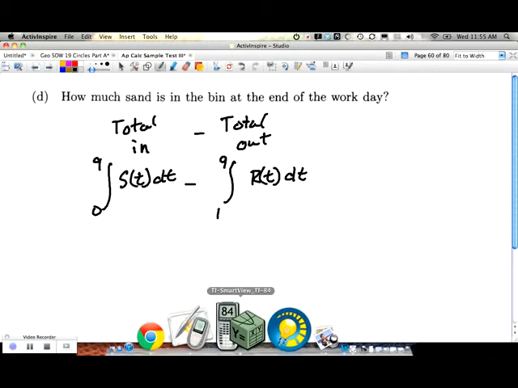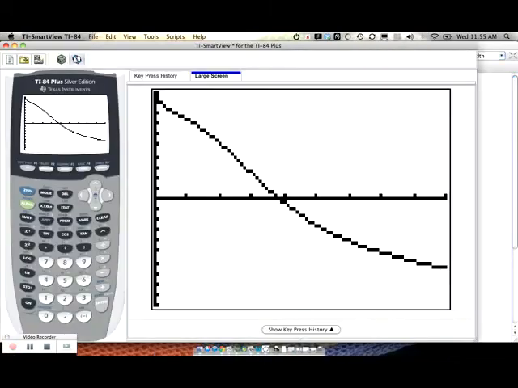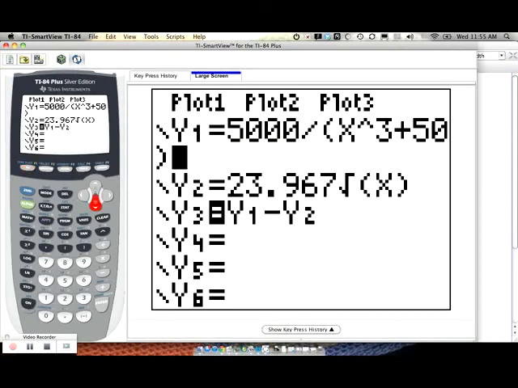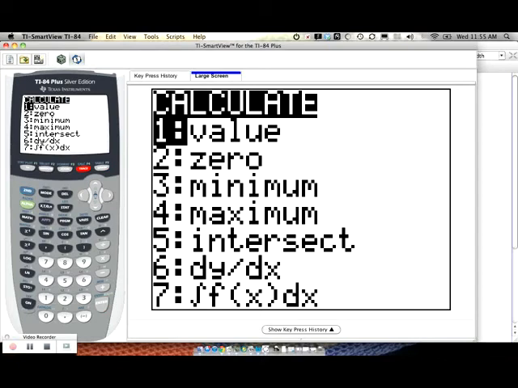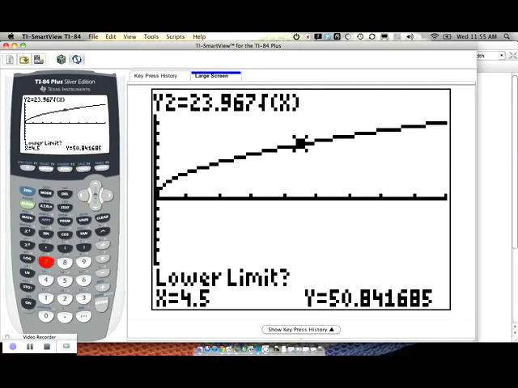We're going to turn off this net change one. We're just going to look at the R of t. So we need to calculate R of t. I'm going to press second, calculate. We need to do the integral, which is number 7. Calculate it from 1 to 9.